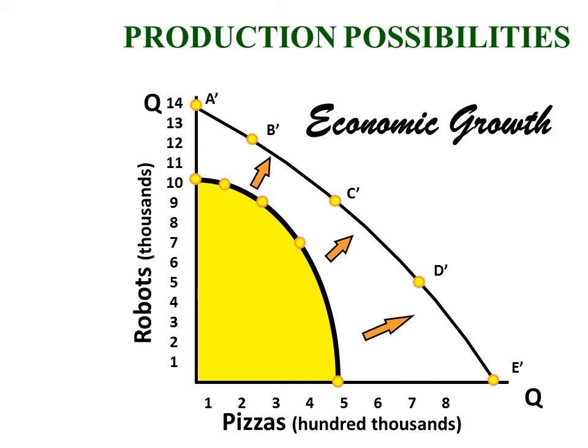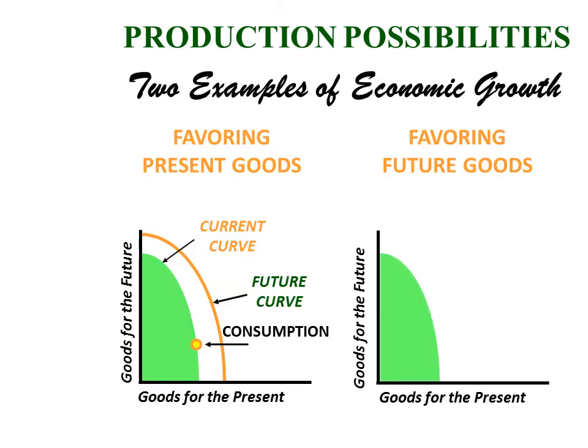Again, this is a normative decision. Two countries with relatively the same population and economic resources and education level might somehow choose different points on their curve as allocatively efficient, right? So now we know where economic growth comes from. What about the choice today? Let's look at the next slide and talk about that.